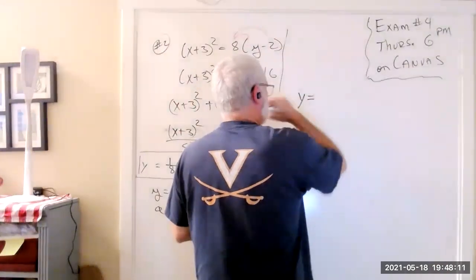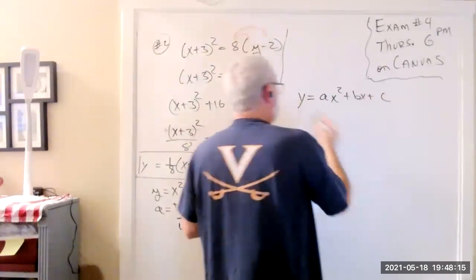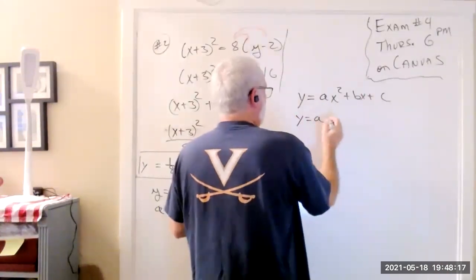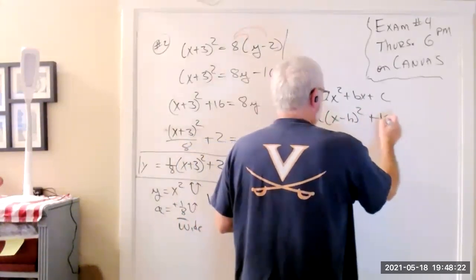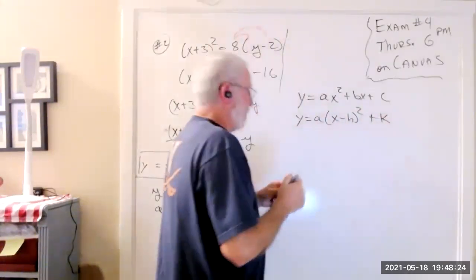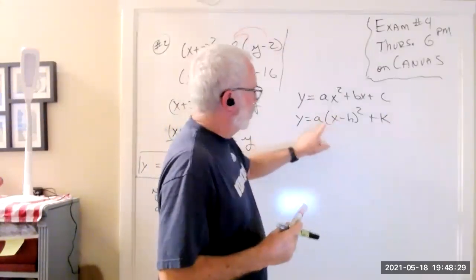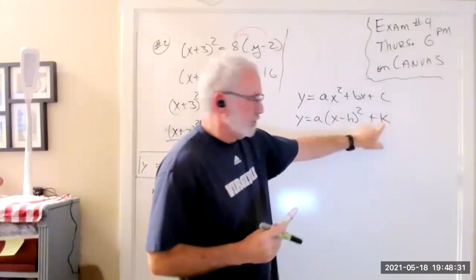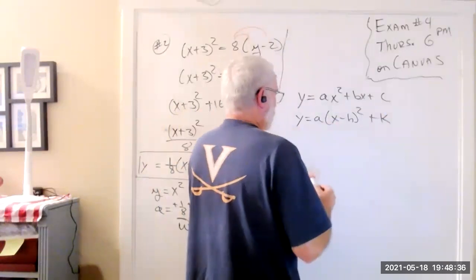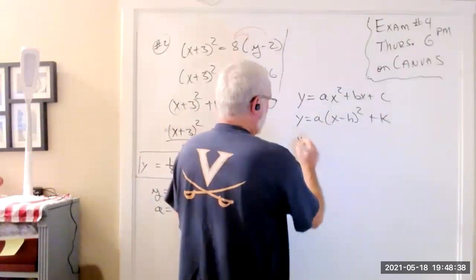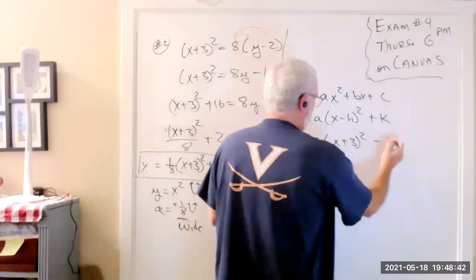Y equals ax squared plus bx plus c. Y equals a times (x minus h) squared plus k. Now, hang on, I'm not done. When you see something like this, let me give an example. Suppose we had y equals 2 times (x plus 3) squared minus 16.